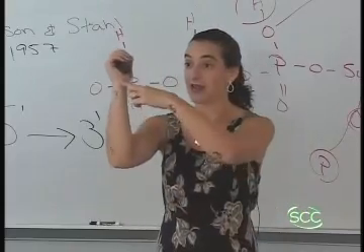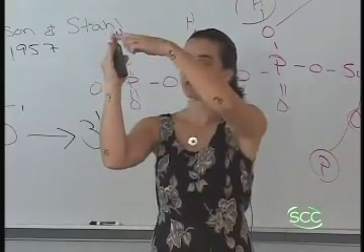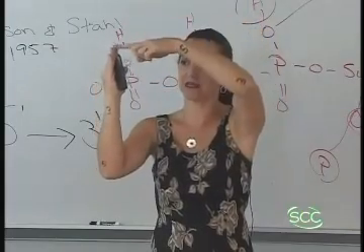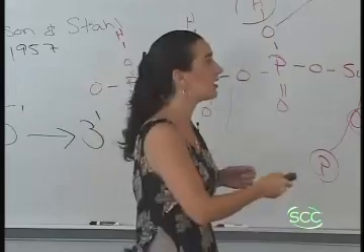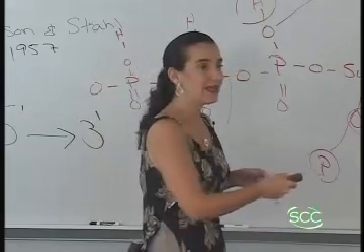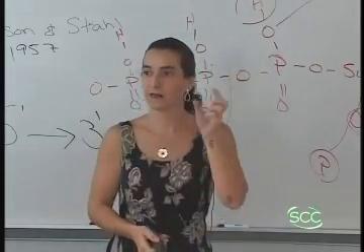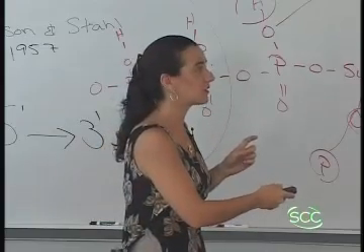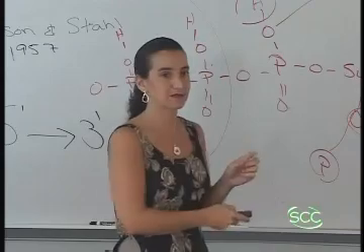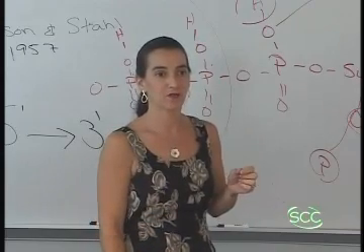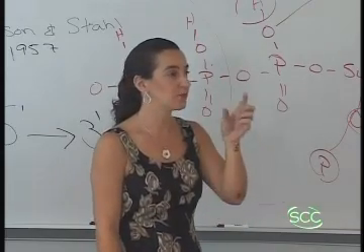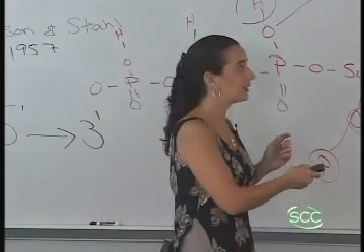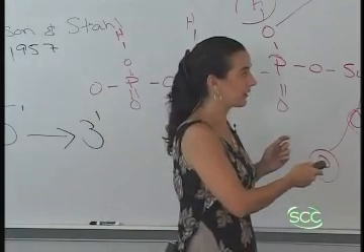However, on this side, I replicated from here to here, and now I did from the tips of my fingers to my wrists, and then from up in space down to the tips of my fingers, and so on and so on. I can only replicate in little pieces, in little fragments. And these fragments are what we call Okazaki fragments, which are little pieces of DNA, because I can only replicate in the 5' to 3' direction.